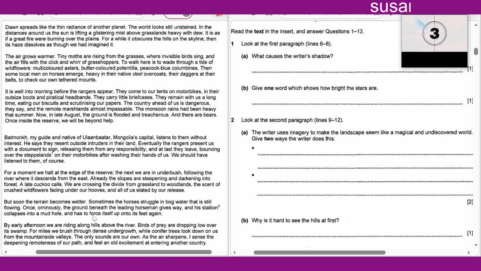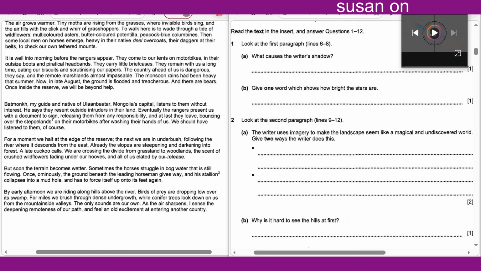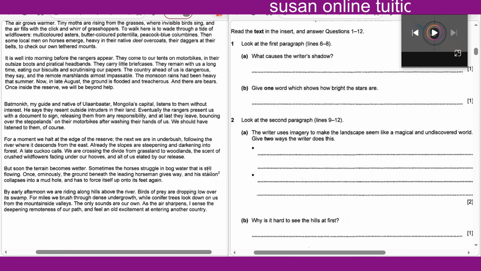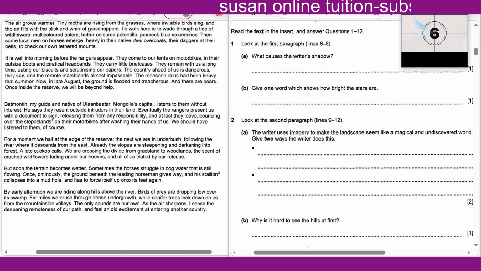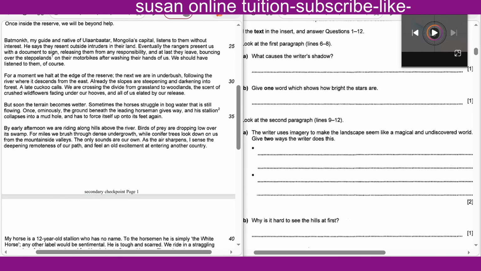Next one, we turn the page, guys. You may underline as you skim the text to help you answer the questions: who, when, what, where, and how. Okay, let's scroll to the next page.